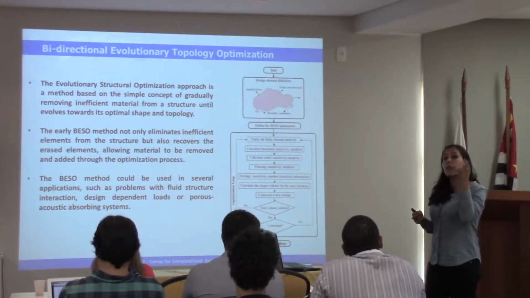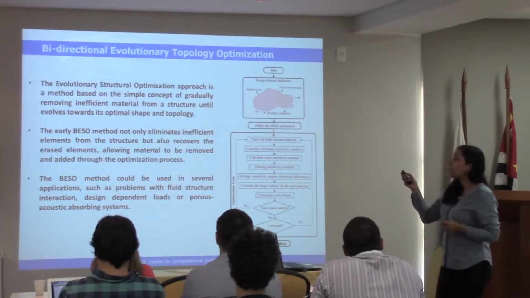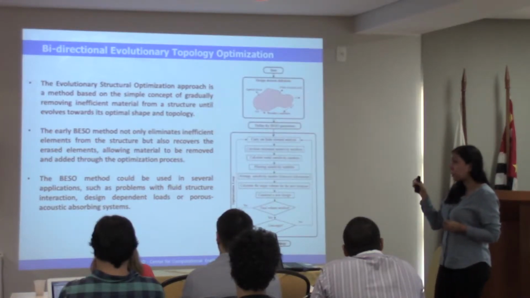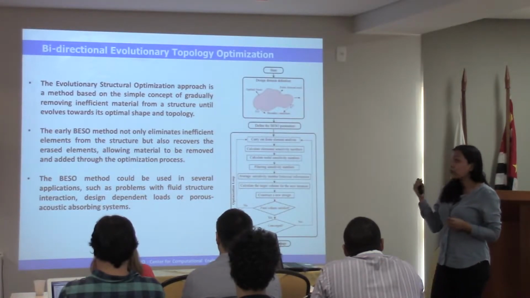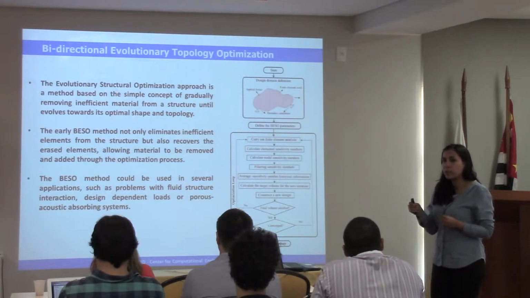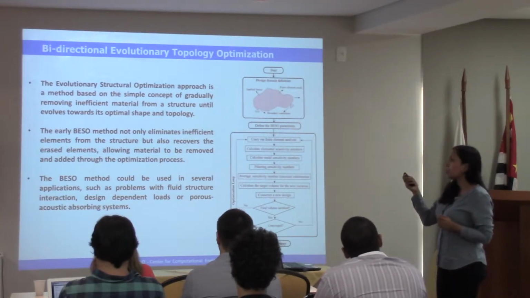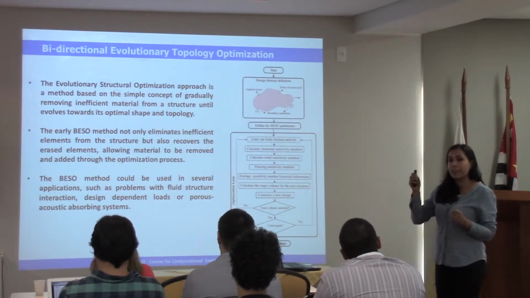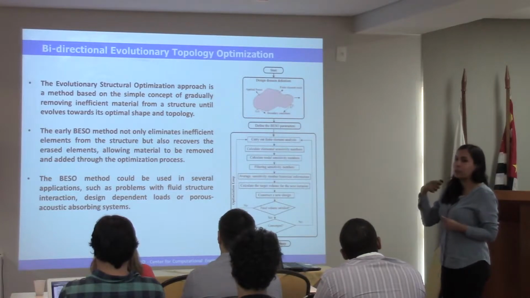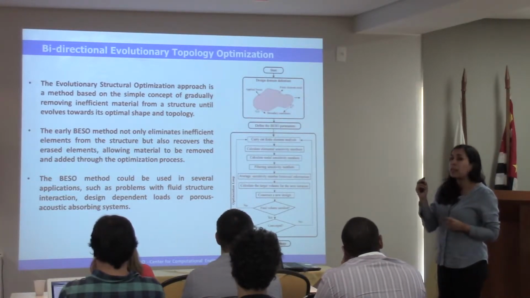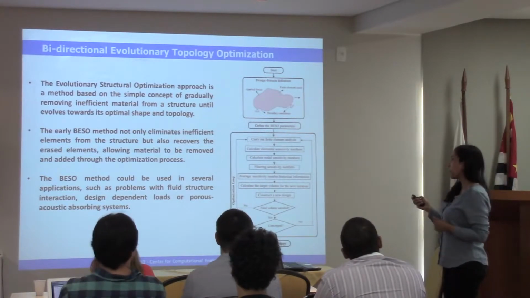What Felipe was talking about was the ESO method, which only removes material. This method also allows us to put material back. In that way, we allow the structure to evolve, get a little lost, and come back to the evolution path. So it is very important, especially for this kind of application.